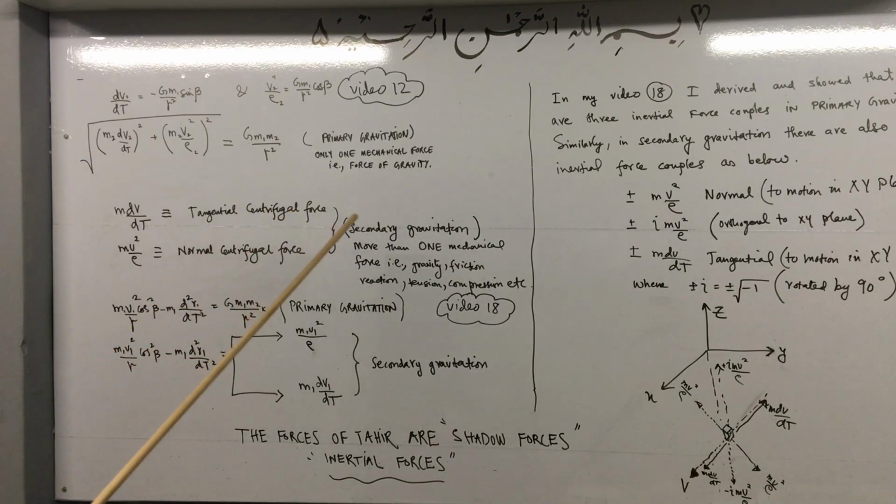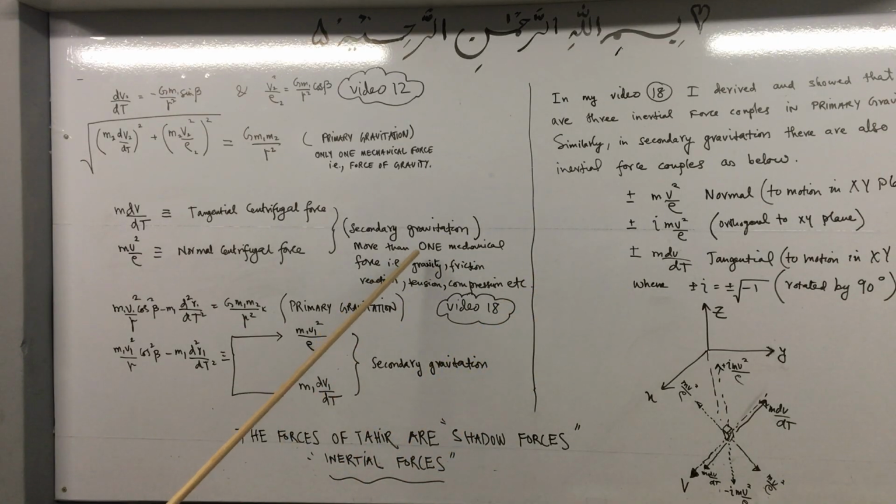okay, now we will go to secondary gravitation. Secondary gravitation is also very important. Secondary gravitation is when more than one mechanical force along with gravity, like gravity, friction, reaction, tension, compression, more than one, can be two, can be three.